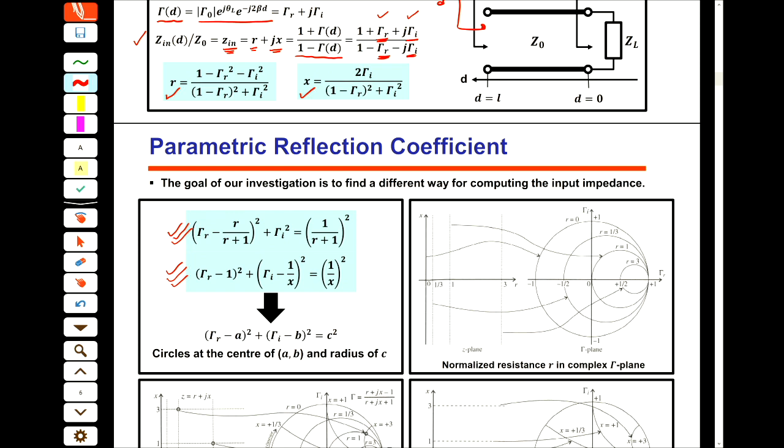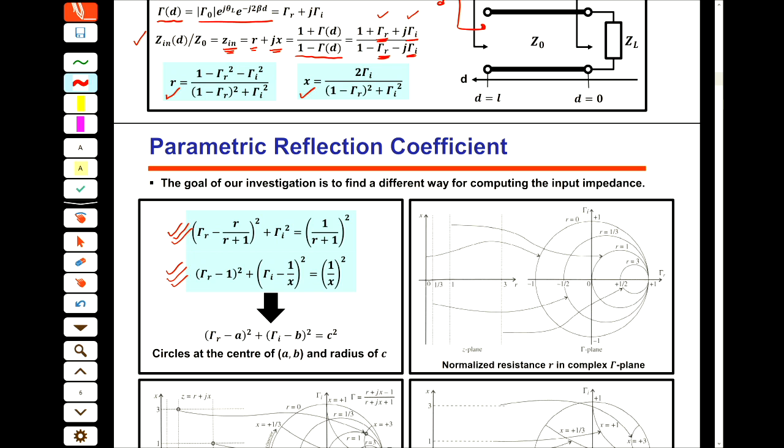One of them is only dependent on R and the other one is dependent on X. So what we want to do, again, I go back. We have gamma and I want to find the z in. The other way is very easy. Gamma equals z in minus z naught divided by z in plus z naught.